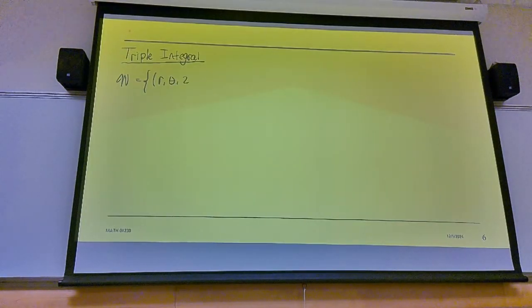What does r go from? 0, 2. What about theta? 0 to 2 pi. And z? 0, 3. We also need the divergence.